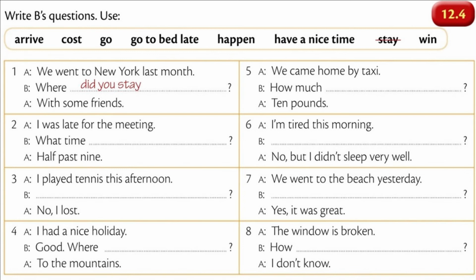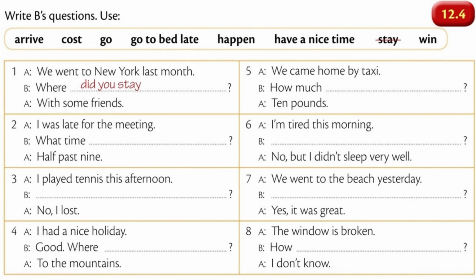B. Good. Where did you go? A. To the mountains. Number 5. A. We came home by taxi. B. How much did it cost? A. 10 pounds.